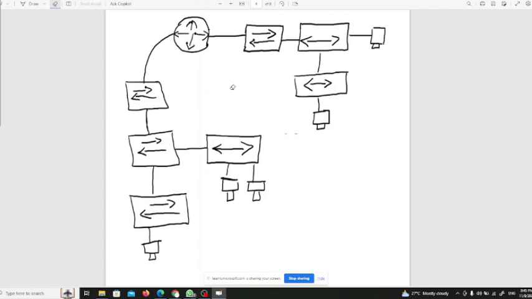Okay, so this one. Let us find the broadcast domain and the collision domain. So how many broadcast domains and collision domains do we have? So two broadcast domains.